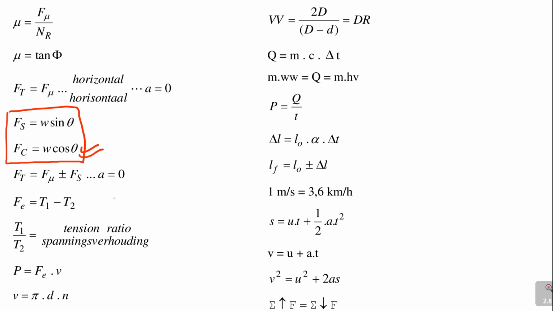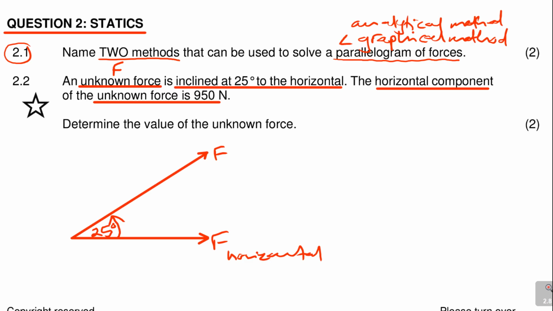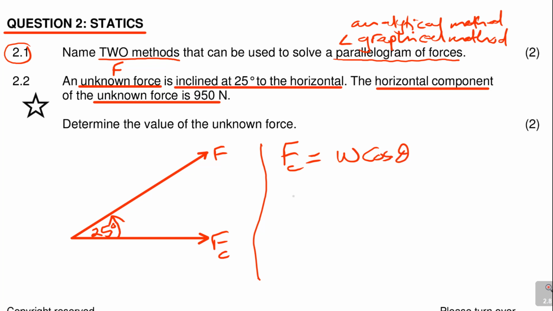FC is equal to W cos theta. Okay, so if I come back to this, we are now not going to call it F horizontal. We are going to call it FC. And you saw the formula. It says FC is equal to W, which is the weight, cos theta, and that's the angle. Are you with me?